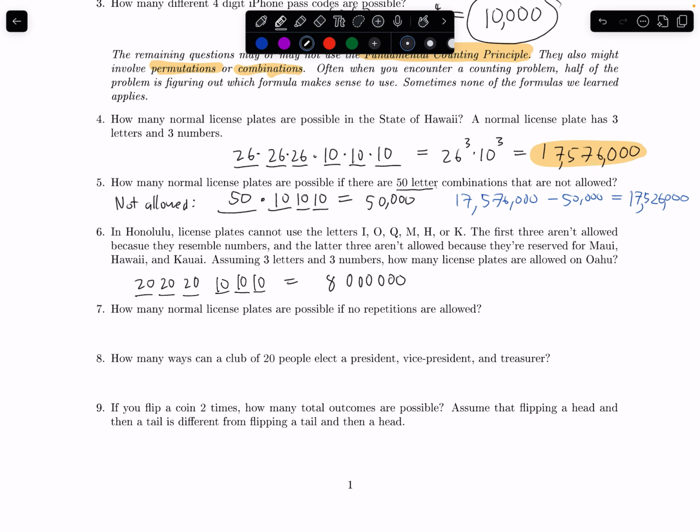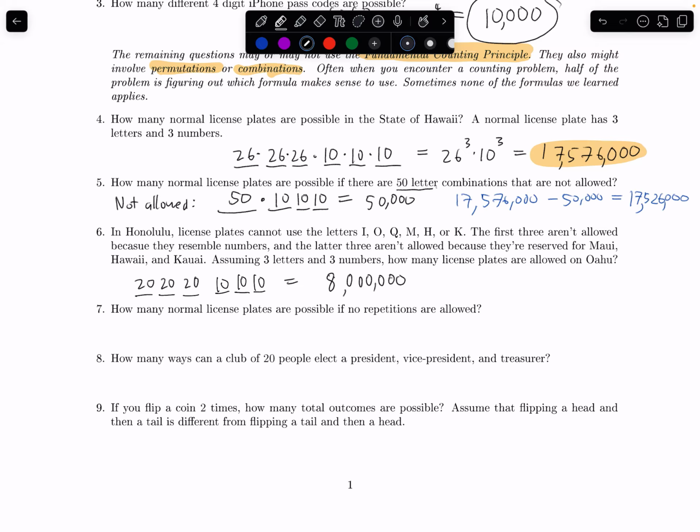Oh yeah, I guess that's right, though. So that actually made a really significant difference, where we went from 17 million something to only 8 million. Oh, I guess it's not so crazy. Am I counting those zeros correctly? Yeah. Okay, all right, 8 million.